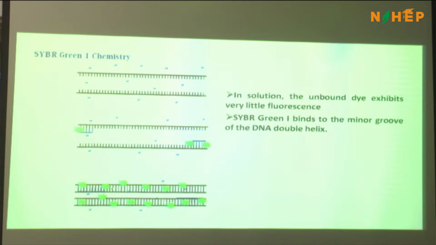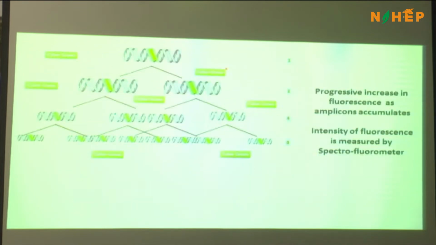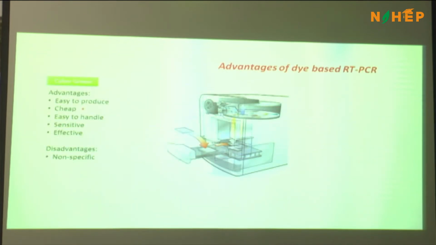It is monitoring the reaction, what's going on in the tube, and at some point the fluorescence is so much that you start seeing the typical curve rising up. When it meets the so-called basal level fluorescence, that point is what is called the Cq value or Ct value. We'll see a little bit of that today. That is all about the SYBR Green based or fluorescent dye based qPCR.